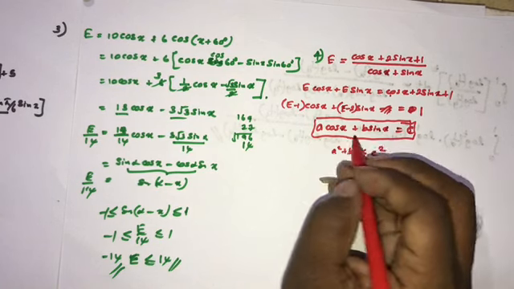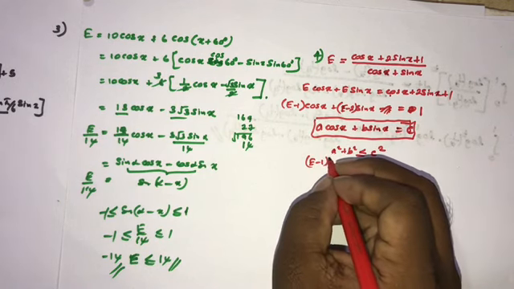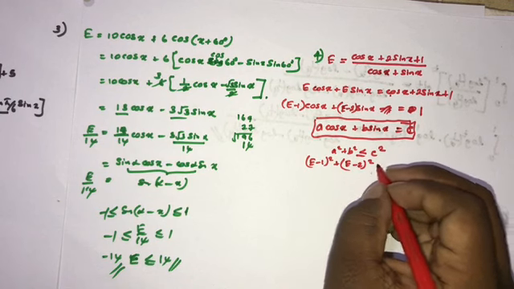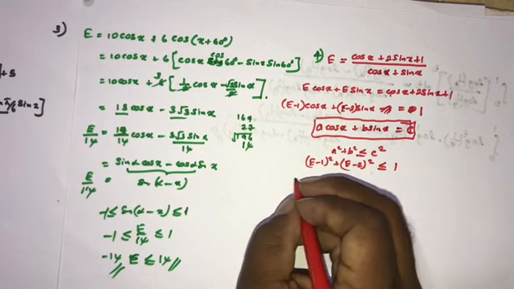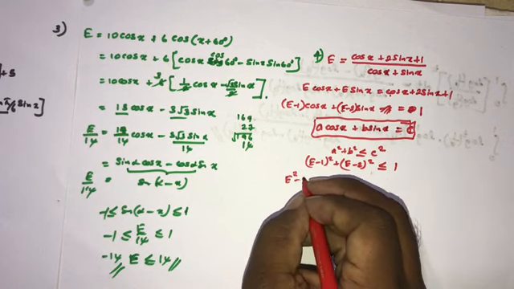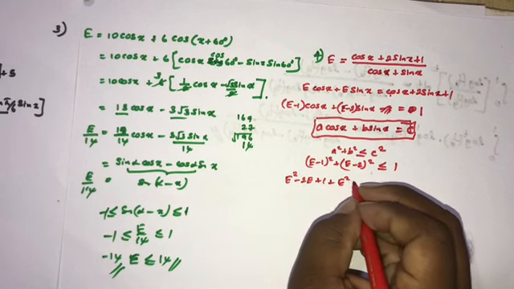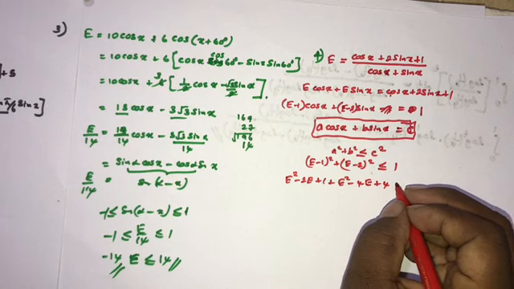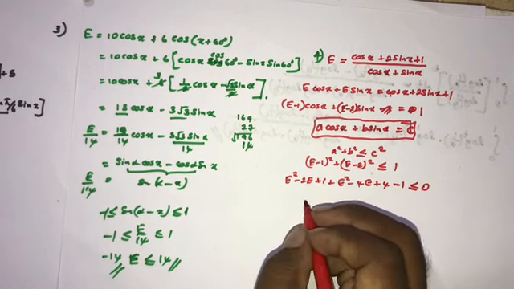So in this question a is equal to E minus 1, so E minus 1 squared, b is equal to E minus 2, so E minus 2 squared, and c squared is equal to 1, and now we can simplify. E squared minus 2 times E plus 1 plus E squared minus 4 times E plus 4 minus 1 is greater than or equal to 0.